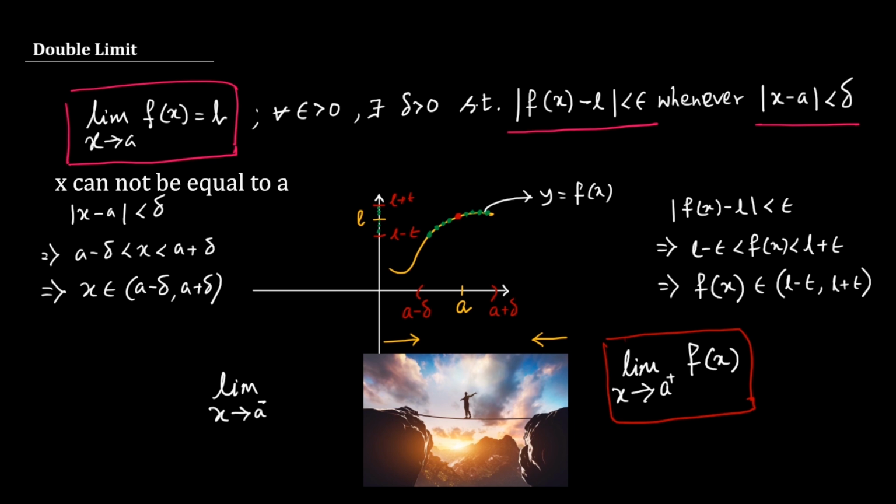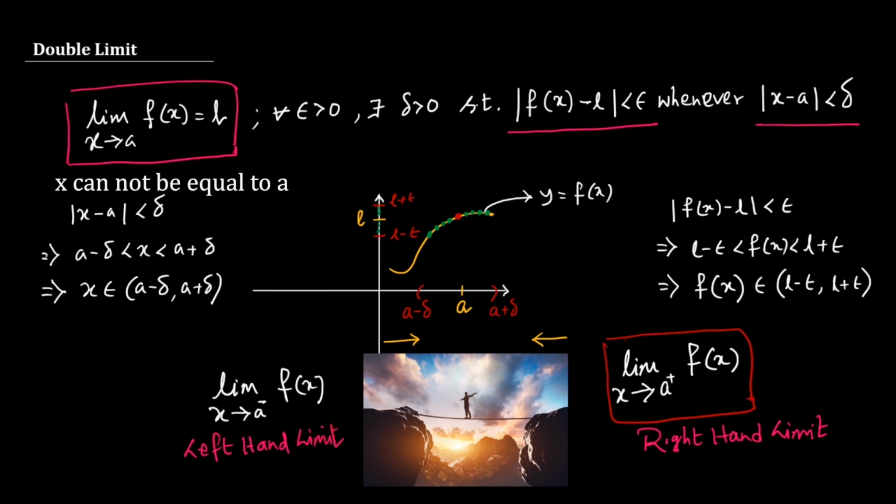This minus indicates that it is approaching from the left side, that is taking values which are lesser than a. This limit is known as the right hand limit, and this limit is known as the left hand limit.